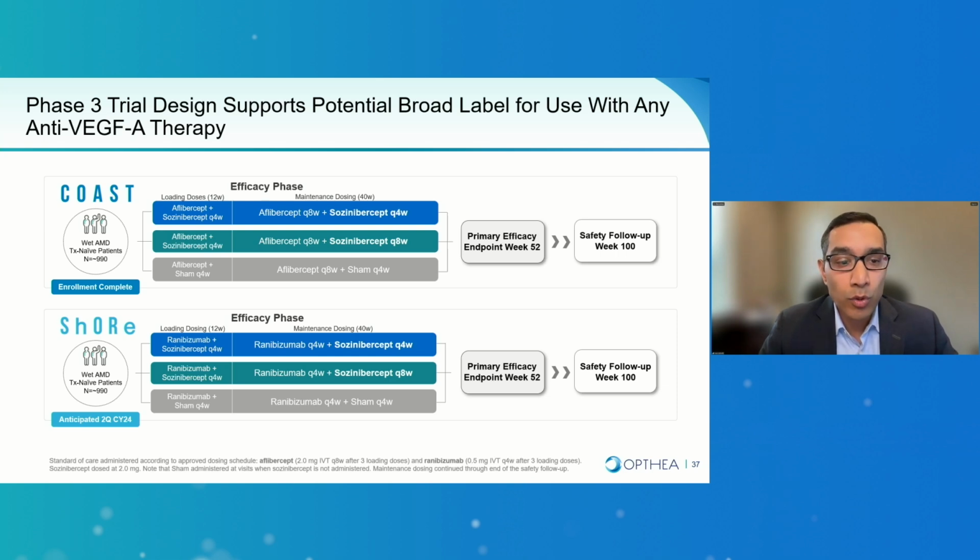And then we have the SHORE study, which is looking at ranibizumab every 4 weeks in combination with Sozinibercept every 4 weeks or every 8 weeks versus a sham every 4 weeks. And that is almost fully enrolled, anticipating within the next few weeks or so for the SHORE study. The next slide.